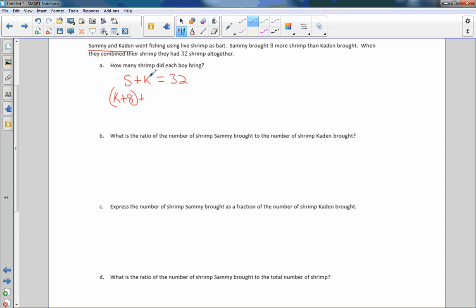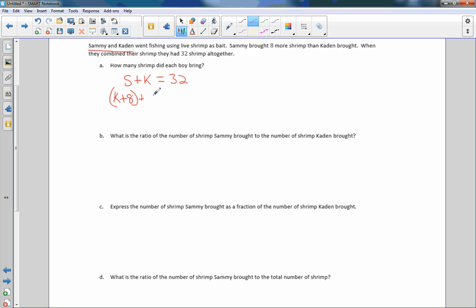Okay, Sammy bought 8 more shrimp than Caden. So if Caden bought 1, Sammy bought 8 plus 1, which is 9. If Caden bought 2, then Sammy bought 8 plus 2, which is 10. So if I replace Sammy with Caden plus 8, because Sammy bought 8 more shrimp than Caden, it's the number of shrimp Caden bought plus 8.